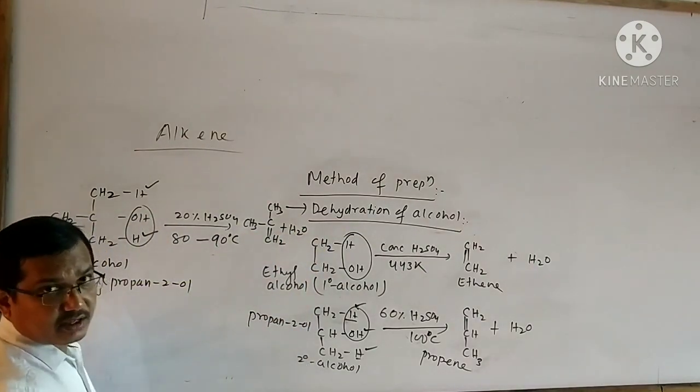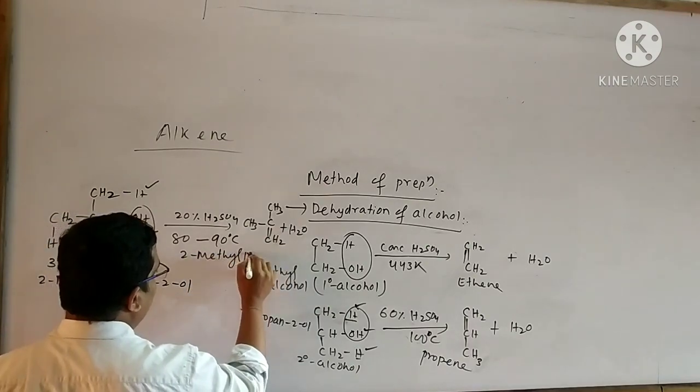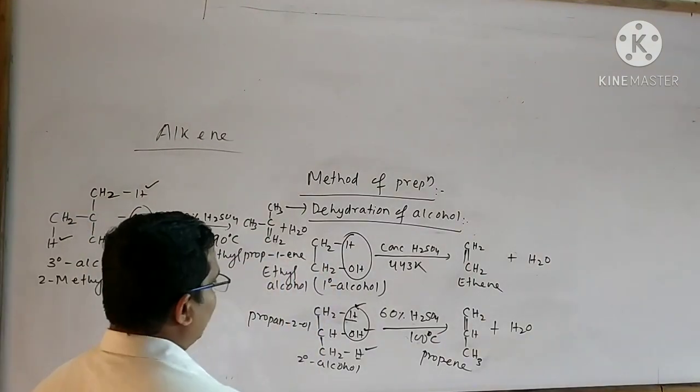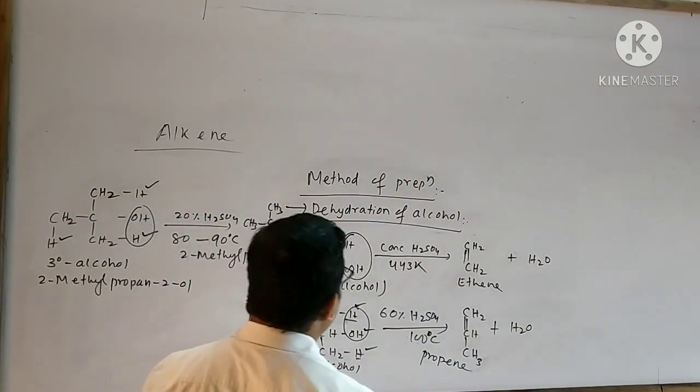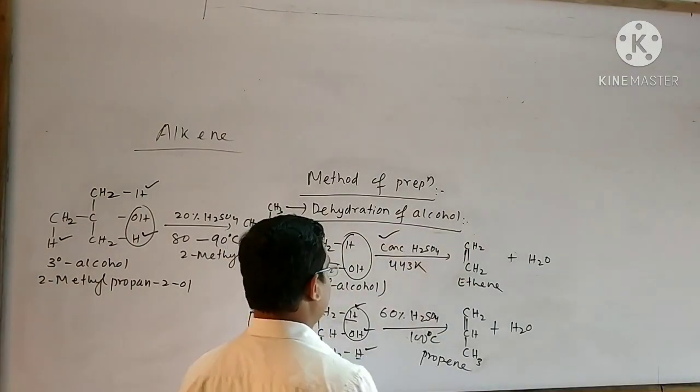The name of this organic compound is 2-methylprop-1-ene. Look at that. In case of 1-degree alcohol, we need concentrated H2SO4 and high temperature.